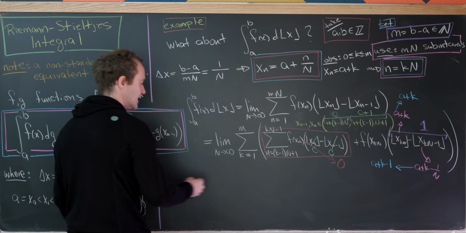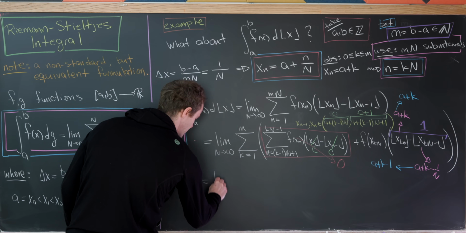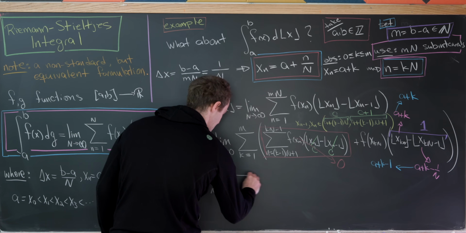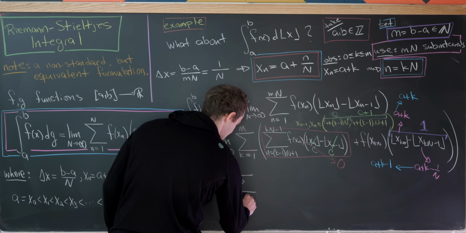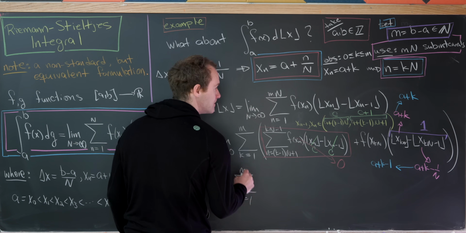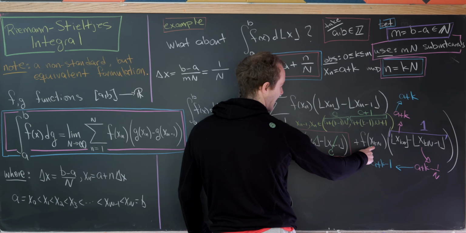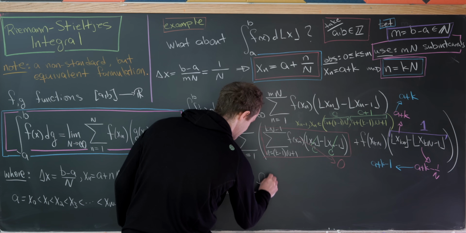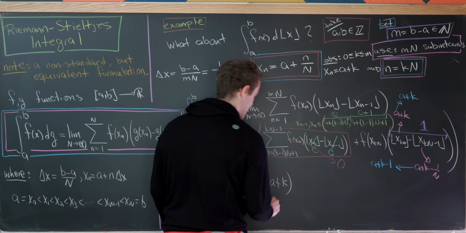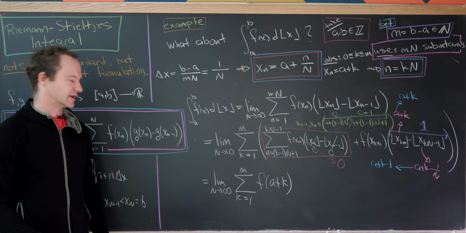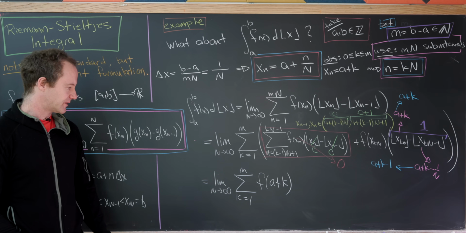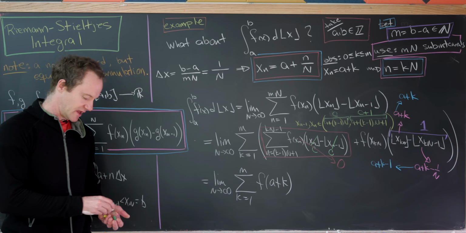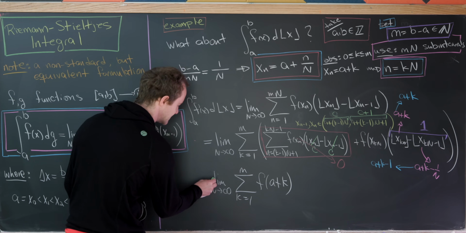Okay, great. And now let's see what we have. So we'll have the limit as capital N goes to infinity, and then the sum as k goes from 1 to m of f of x_{kN}, but remember x_{kN} was just a plus k, so that's going to be f of a plus k. So something like that. But after all of our simplification, this object no longer depends on capital N. So that means we don't need this limit here anymore.